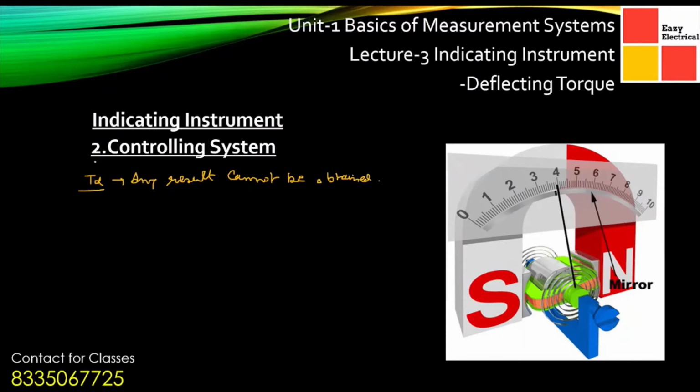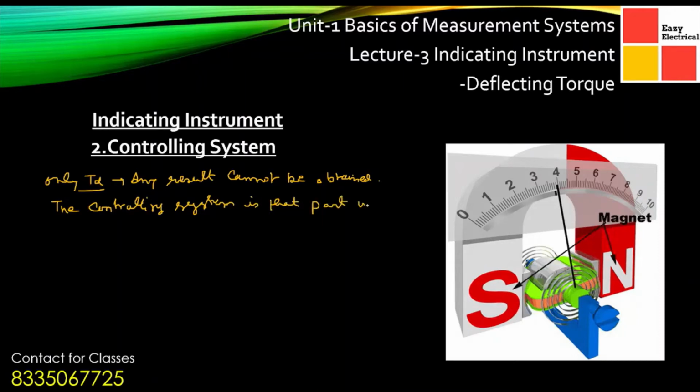This balancing act is provided with the help of the controlling system. The controlling system is that part which provides control torque.